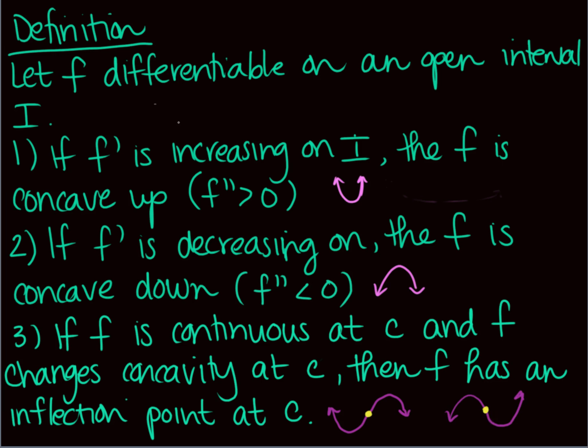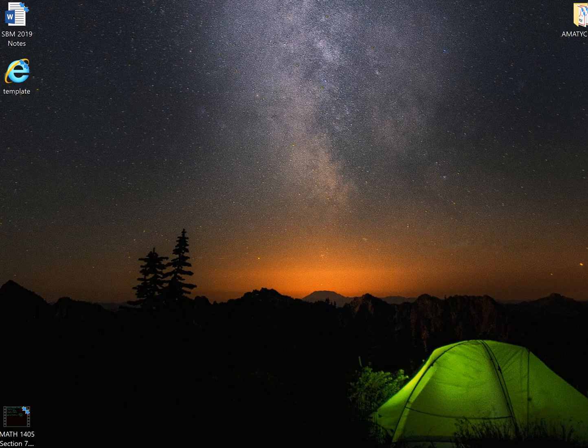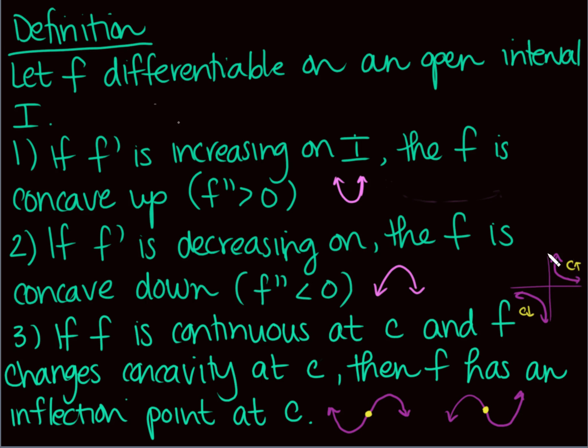One thing we can't have is a discontinuity, because it's required that my function be continuous there. So you can have situations like 1 over x, right? 1 over x looks like this. If you look at 1 over x, we're concave down over here and concave up over here. But I don't actually have an inflection point at 0 because there's a vertical asymptote there.